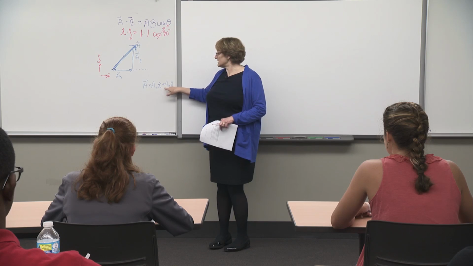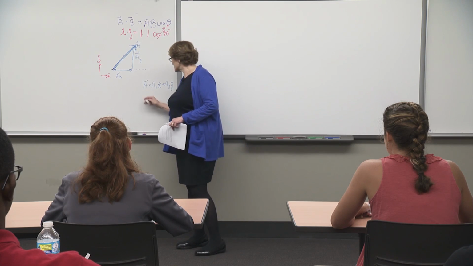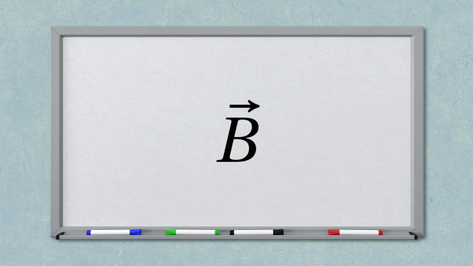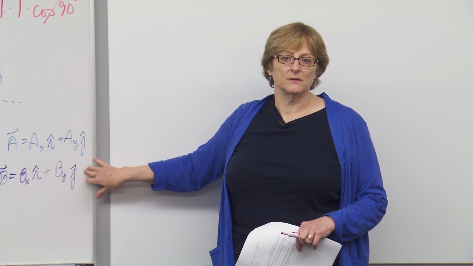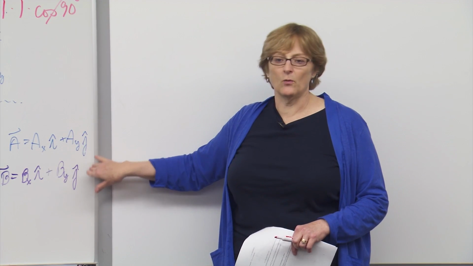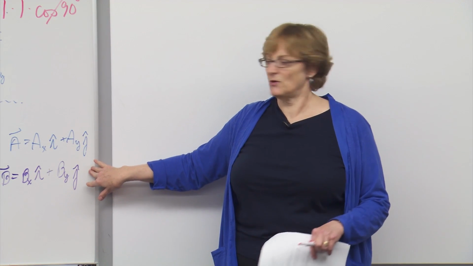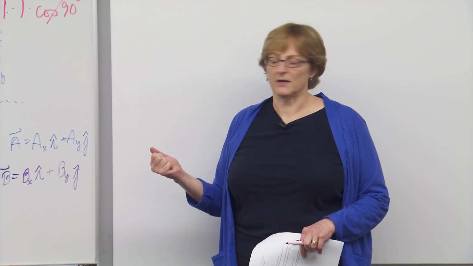Suppose vector A is equal to an X component times the I vector, plus the Y length times the J vector. And similarly, we have vector B, which has an X component, Bx, and a Y component, By. Whatever vector A or B I give you, you can always figure out what its X and Y components are, and I'll show you how to do that in a moment. And then when you have these two vectors, you can easily do the dot product.